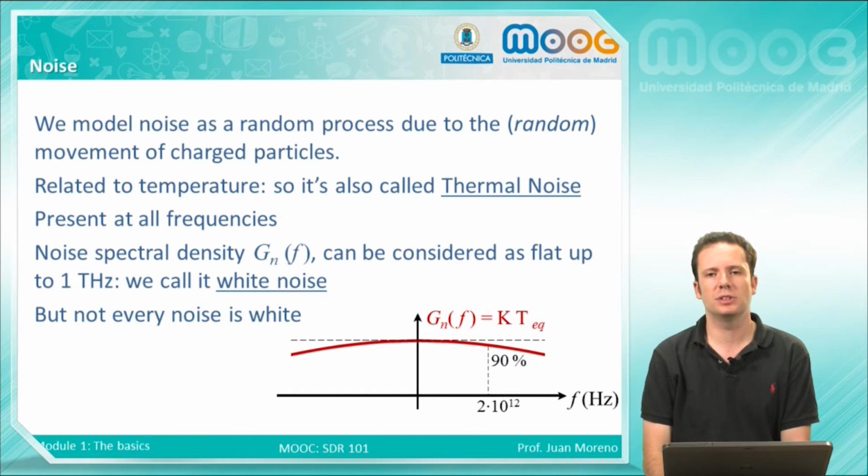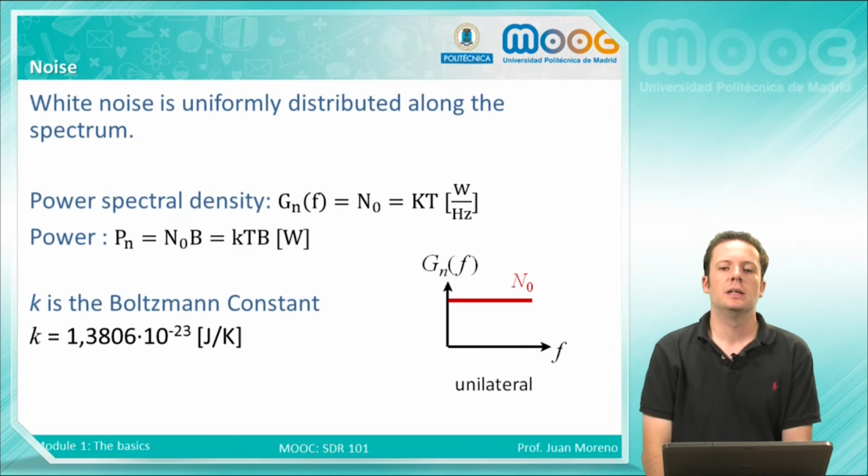But it's important to remark that not every noise is white, so not every noise is flat in the spectrum. Our thermal noise is uniformly distributed along the spectrum.